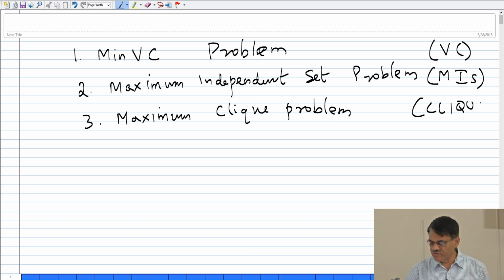These notations are for the problems. Given a graph, find a maximum clique in the graph. What is a clique? It's a subset of vertices where there is an edge between every pair of them. None of these three problems currently have a polynomial time algorithm. The best known algorithms are exponential time algorithms.